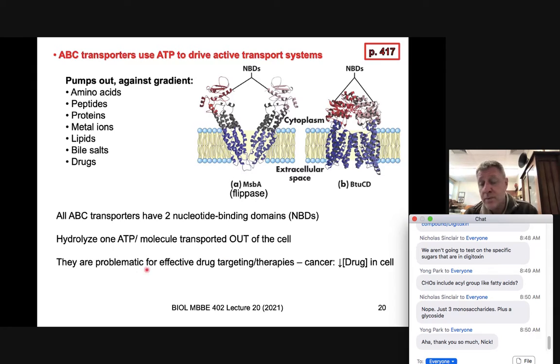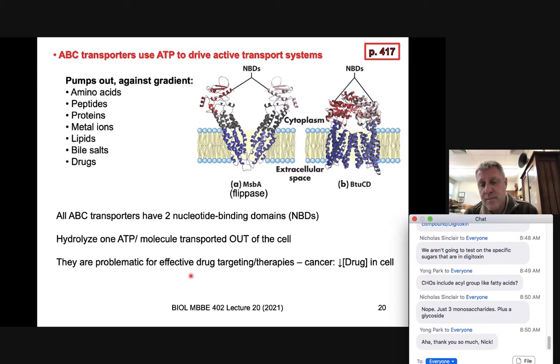Now, the problem with these non-specific transporters is they create problems in getting drugs into cells, because they combat the normal capacity to move drugs into the cell by concentration gradients. As a transporter, they're actually taking that drug out of the cell. So we have to combat some of these, and sometimes we use inhibitors to impact these transport systems to enable the concentration of certain drugs in cells.